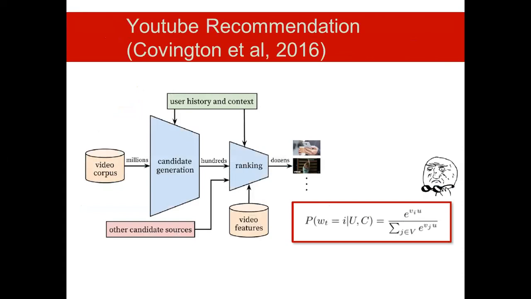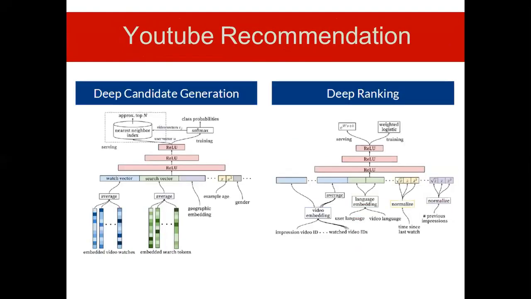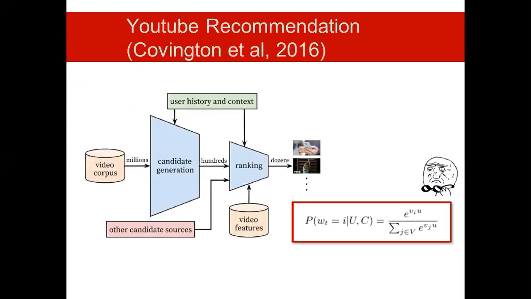So the next work was also done by Google, for YouTube recommendation. You know YouTube nowadays does a lot of recommendations. In their architecture, they have two steps. One step is to generate the candidates of the videos, because they have millions of candidates at the beginning.